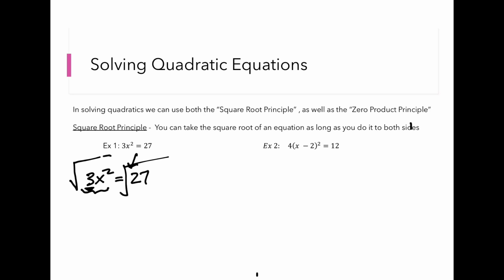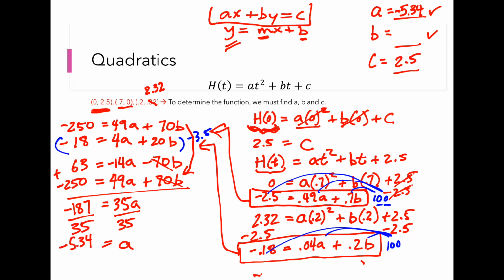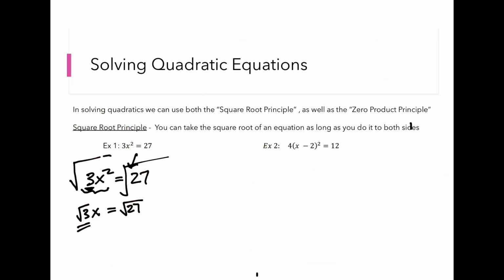And so that would leave me with the square root of 3 times x equals the square root of 27, which we could simplify a little bit. But regardless, then I would have to divide by a square root. It just starts to get a little more complicated. And so I can make this a lot easier on myself by going back and simply performing a step before I take the square root on both sides.